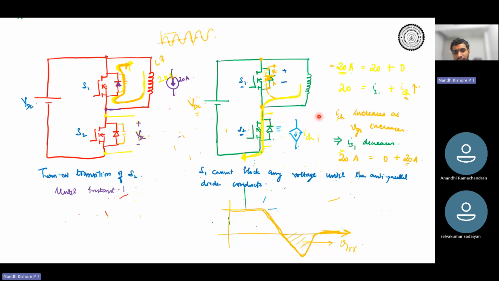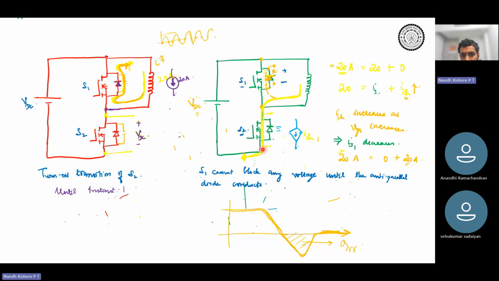More and more current would be flowing through S2 as VGS increases. And at some point, the entire 20 ampere current will start flowing through S2, and there is no necessity of the antiparallel diode of S1.